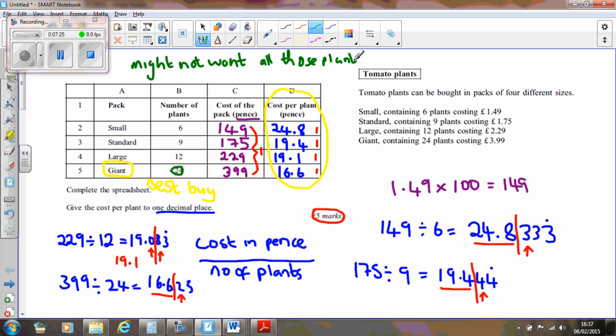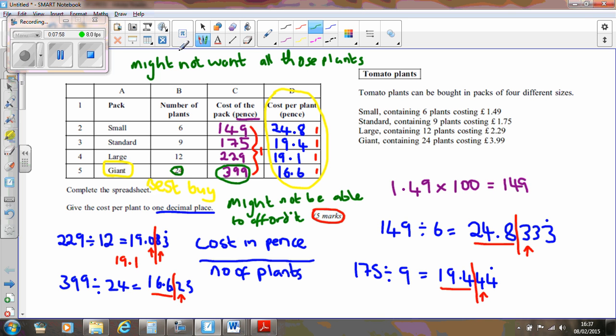Also, the other thing is that this one is the most expensive, so you might not have that much money. So you might not be able to afford it. Now it only asks you for one reason, so either of those was totally fine.